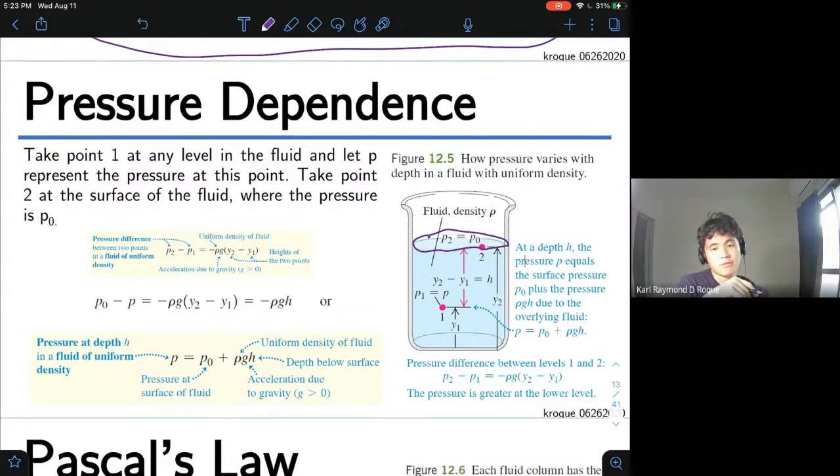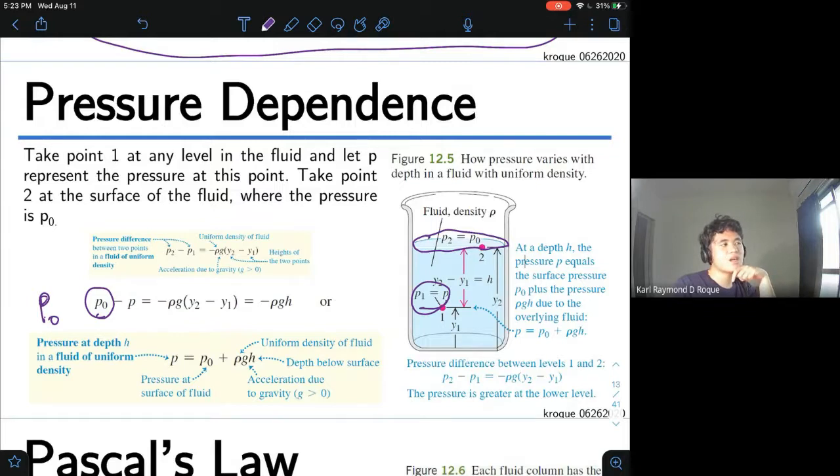Wala lang, for convenience. So gagawin natin siyang P naught minus P1, which is ito. Final minus initial. Final minus initial.